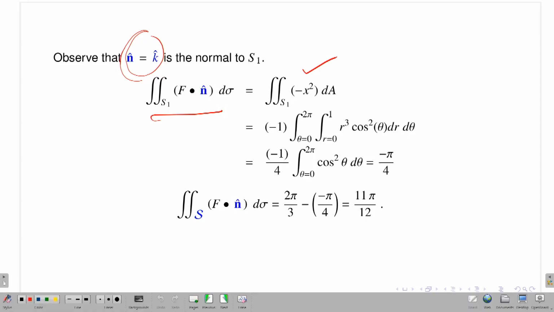That means it points in the downward direction. So if I start with a positively oriented surface, at any point the normal points outward from the surface. That means the direction of n cap should be, so there should be a minus sign on k cap. So what will be n cap? I think it should be n hat equals minus k hat.